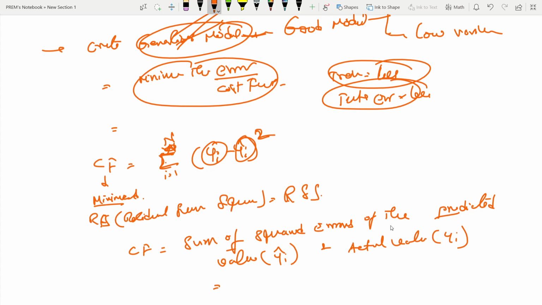We can write it as sigma i equal to 1 to n of yi minus y hat whole square. This kind of cost function has to be reduced.